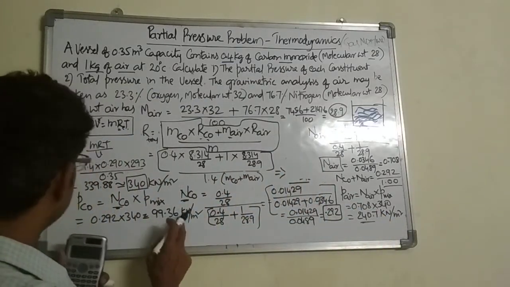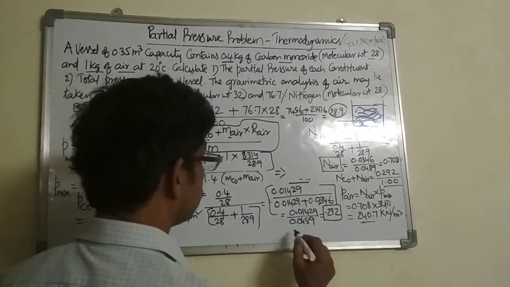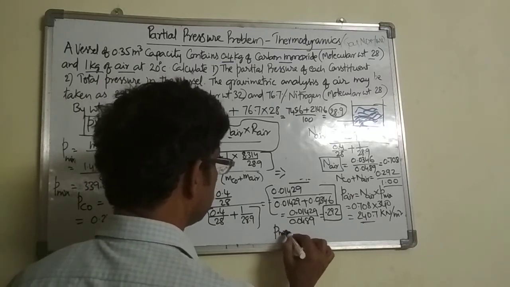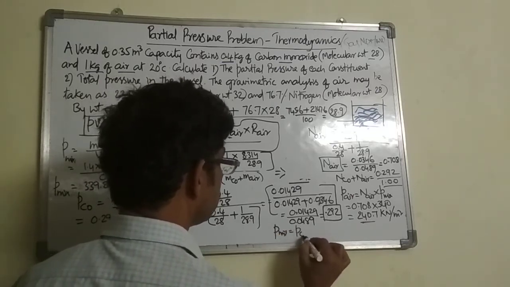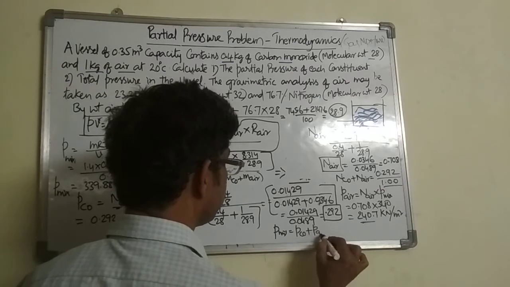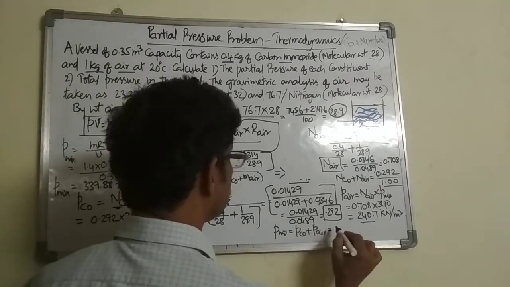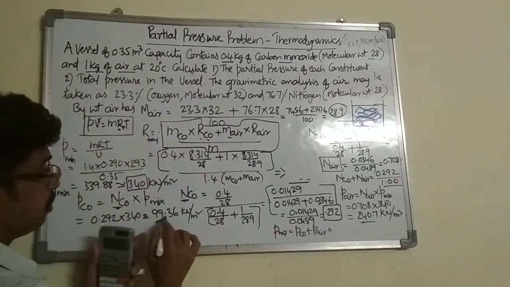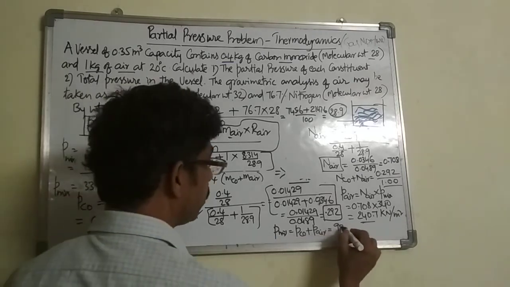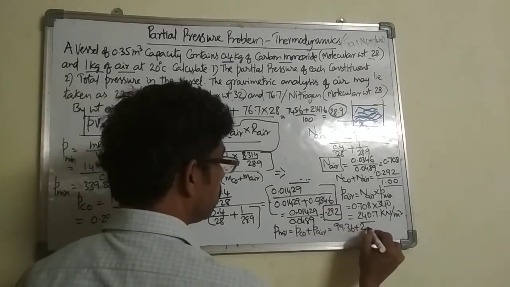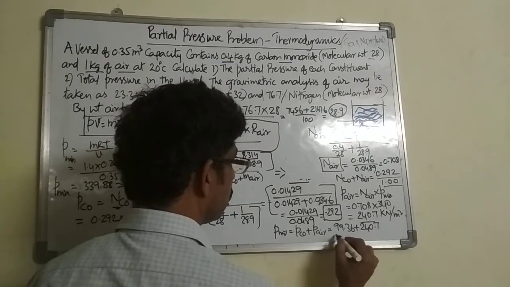So if you add these two things, you have to get again 340. The total pressure of the mixture is equal to partial pressure of carbon monoxide plus partial pressure of air. Here, partial pressure of carbon monoxide is 99.36 plus the partial pressure of air is equal to 240.